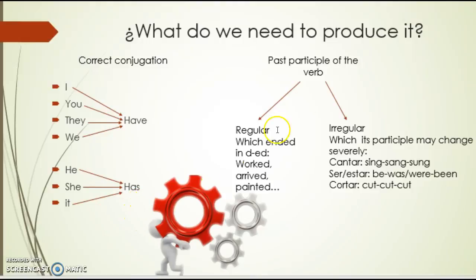The other thing is that for the past participle of the verb, we have to take into account that there are two kinds: the regular and the irregular. The regular is easier because those are verbs which end by adding the letter D or ED at the end of the word.